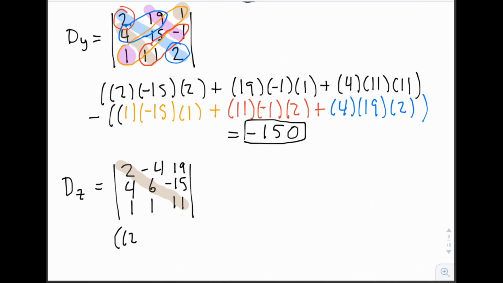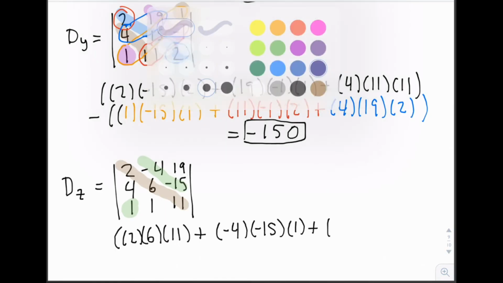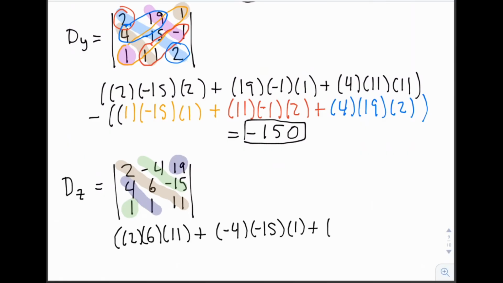So 2 times the 6 and then times the 11, plus another diagonal that we might have, this -4, -15, opposite corner of A1, plus our last diagonal in the downward direction here is going to be this 4, 1, opposite corner of a positive 19. And close your parentheses.